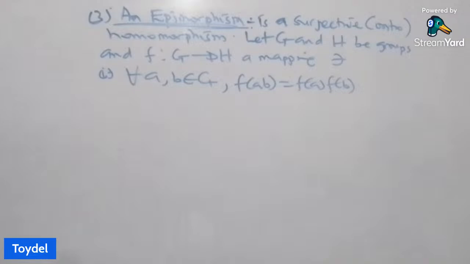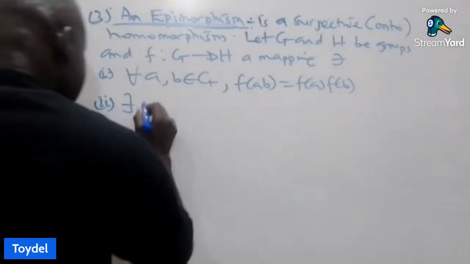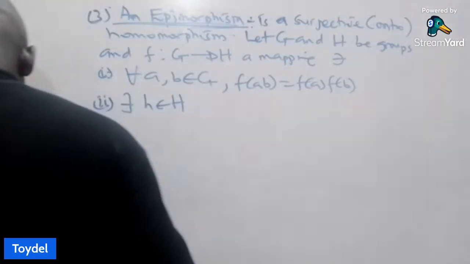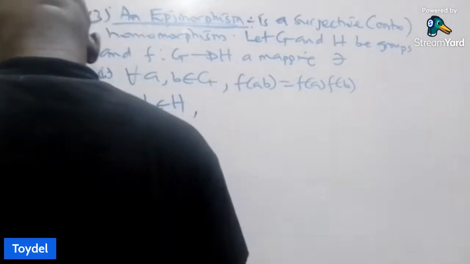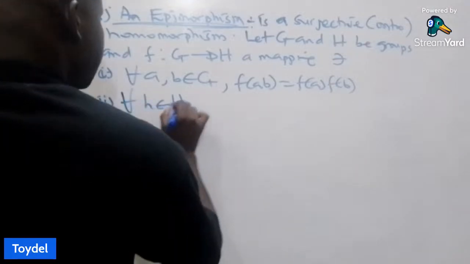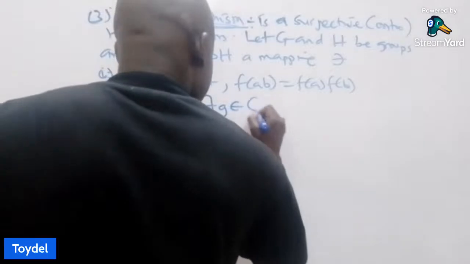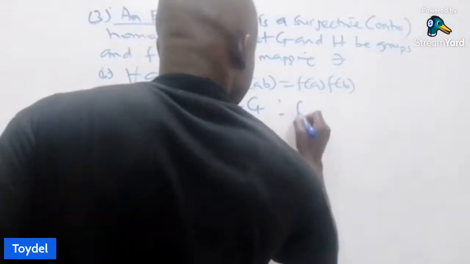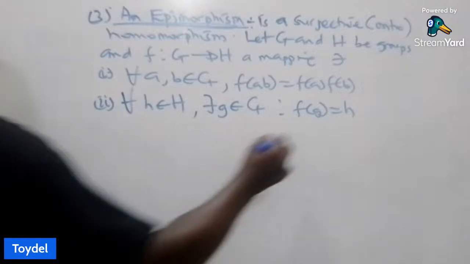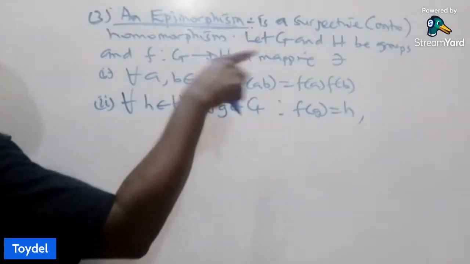That's the first condition. Then the second condition is that for all h that belongs to H, the codomain, there exists g that belongs to G such that f(g) = h. These are the conditions that we consider under surjective mapping.